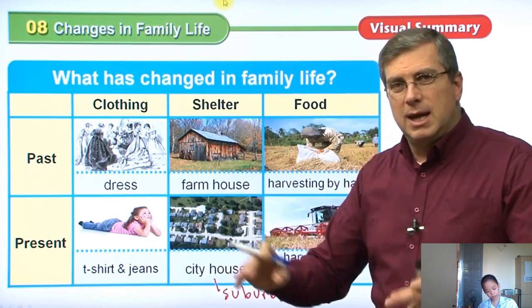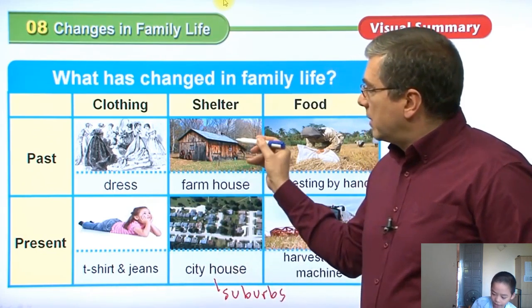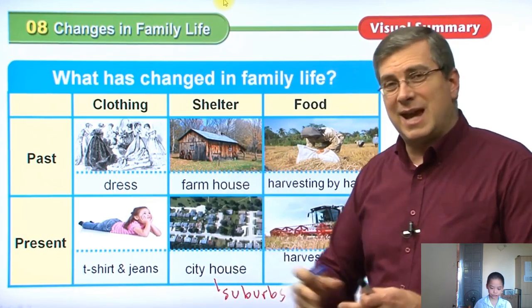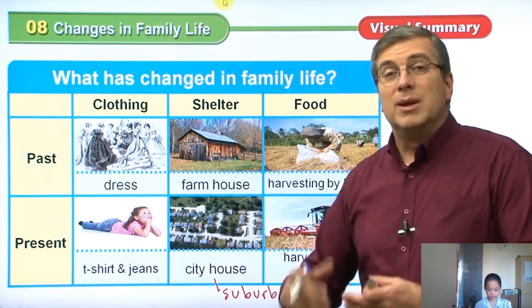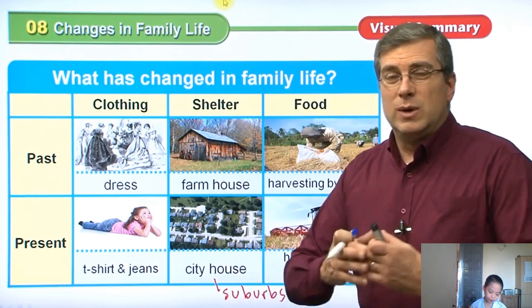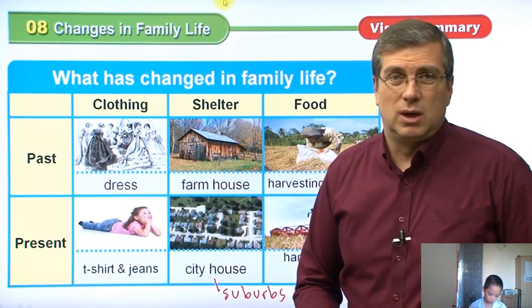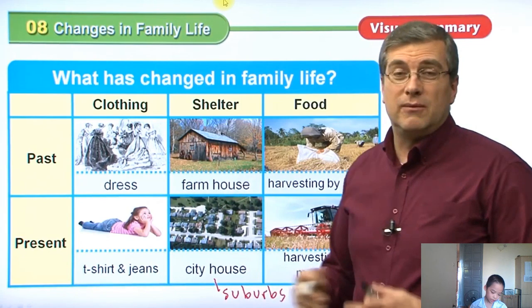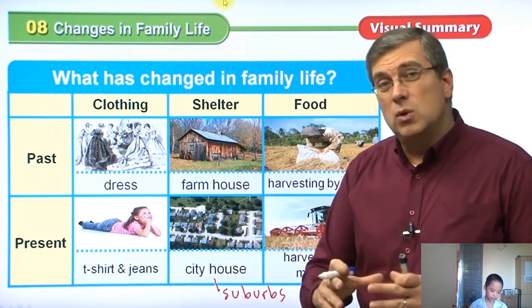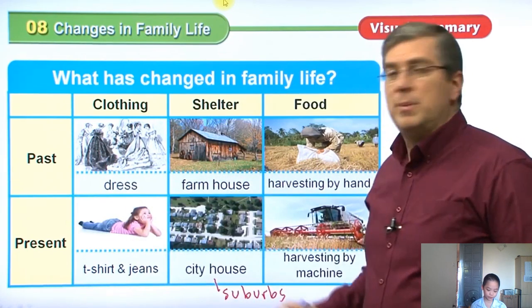So the people in the past could not harvest by machine. They needed to harvest by hand, right? Because there were no cars, they needed to harvest by hand. That is the life in the past. How different is it from the life in the past?